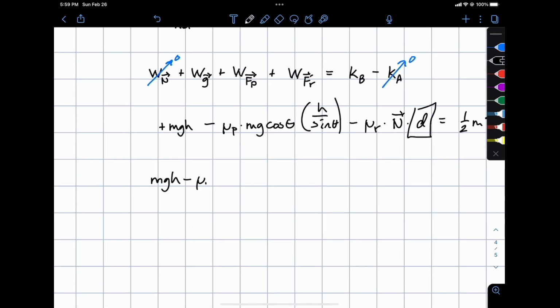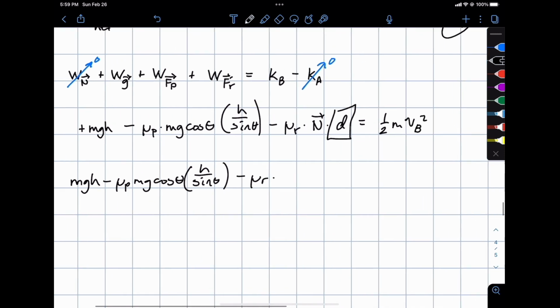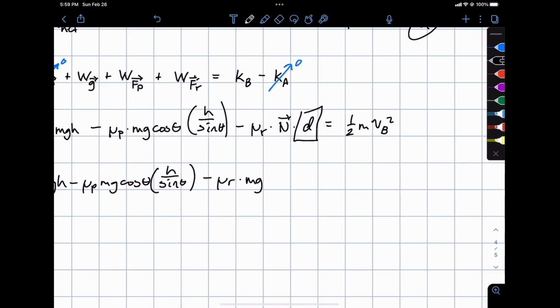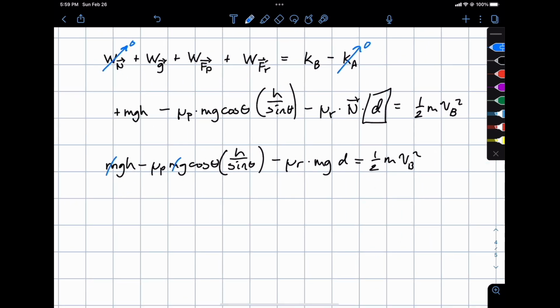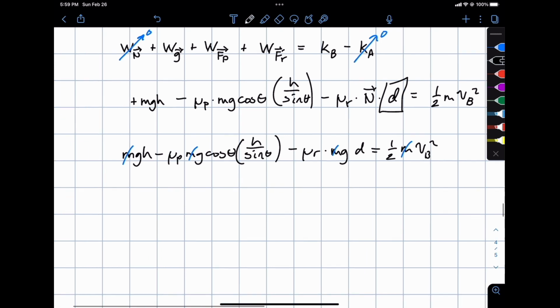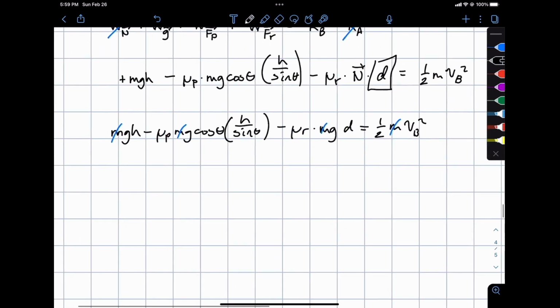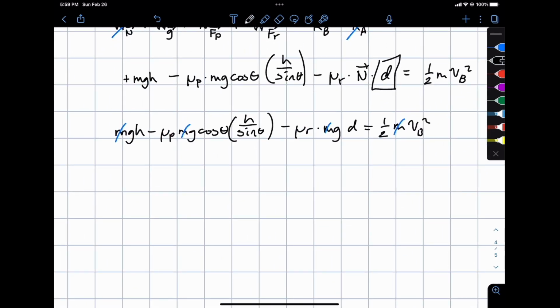mgh minus mu p mg cosine theta times h over sine theta minus mu r times mg times d equals 1/2 m vb squared. m cancels out. We can put the half vb squared to one side and the mu r g d to the other side.